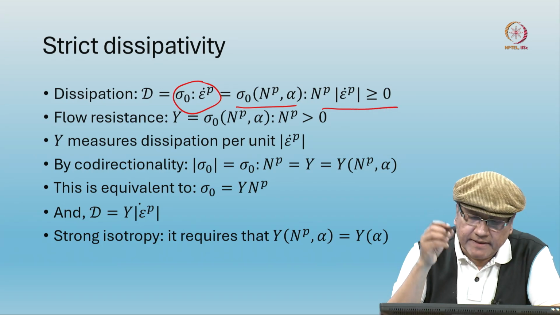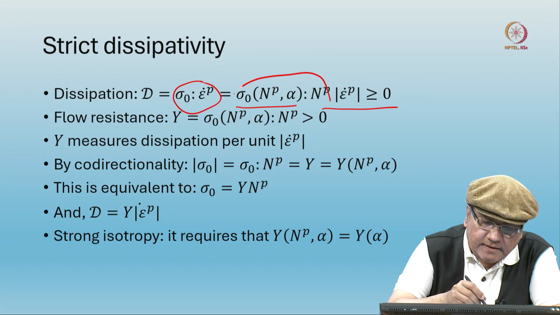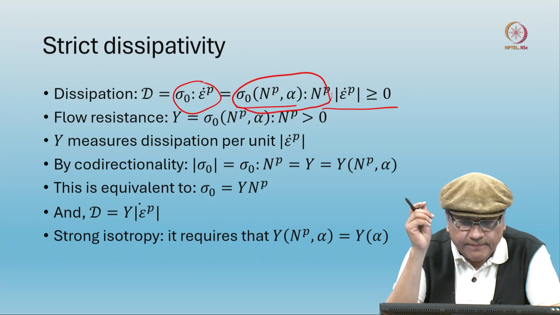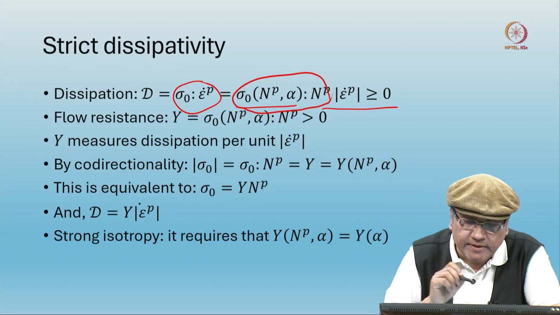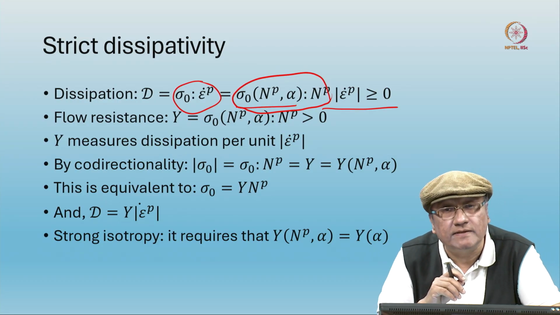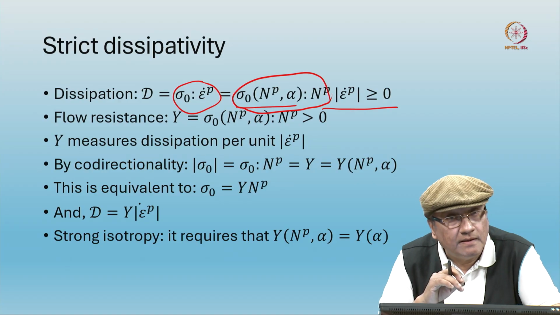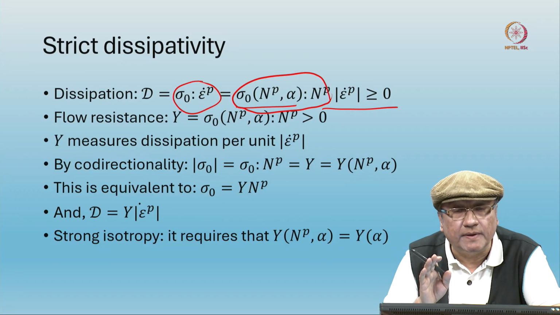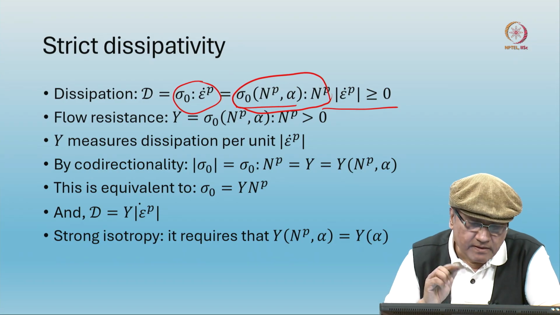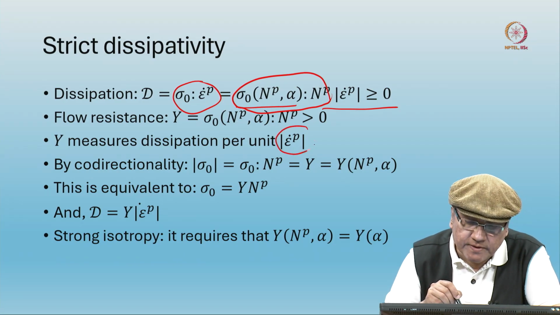Now, you see that if I take out this term, this gives a scalar quantity, right. So, sigma 0 inner product with the plastic flow direction tensor, if I take the inner product of the two, it gives the dissipation per unit modulus of epsilon p dot.